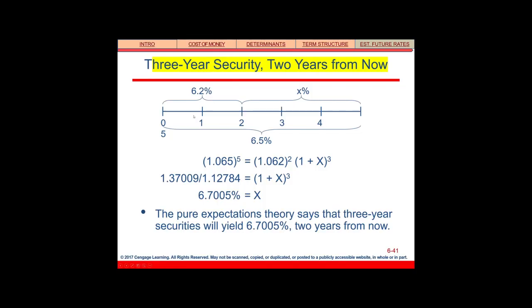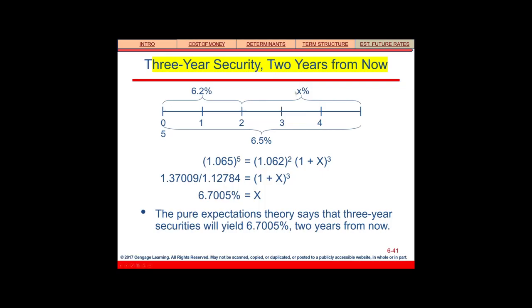Either he invests his money in this 5 year product all at once and earns 6.5% every year, or he puts his money in 2 year securities at 6.2% every year, and then invests the money again in another security with X%.